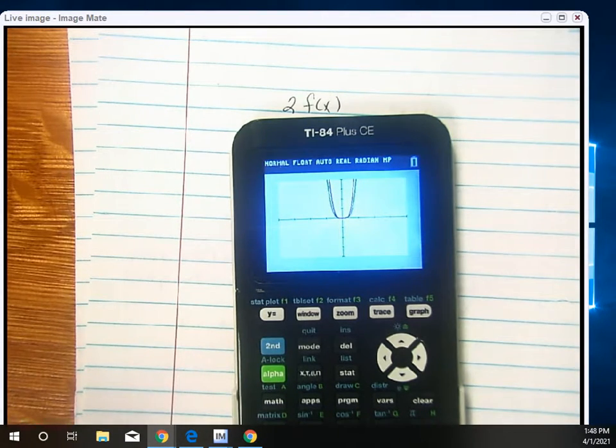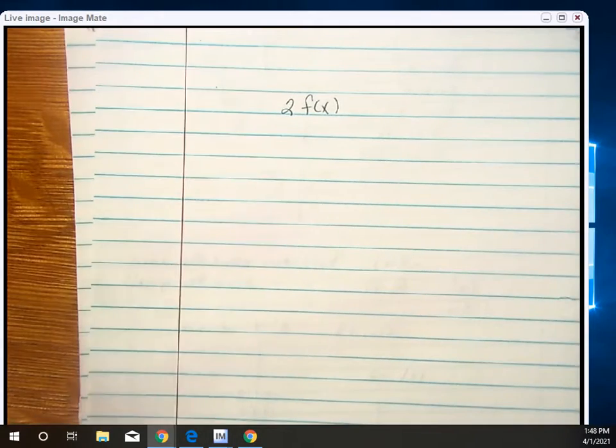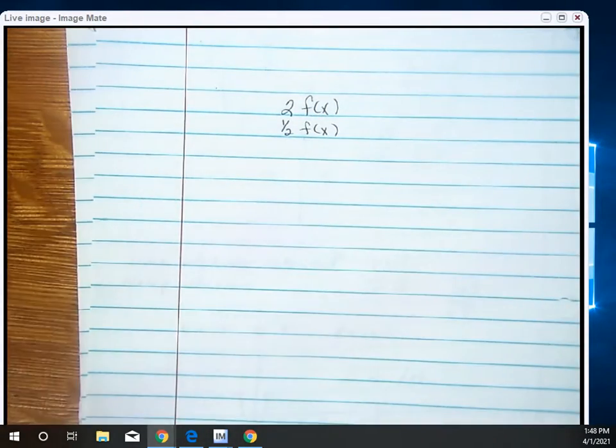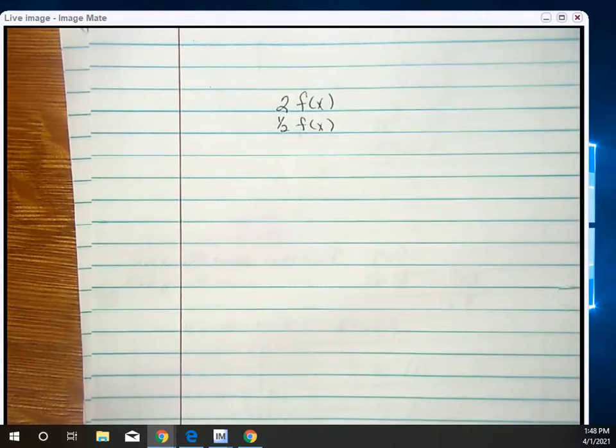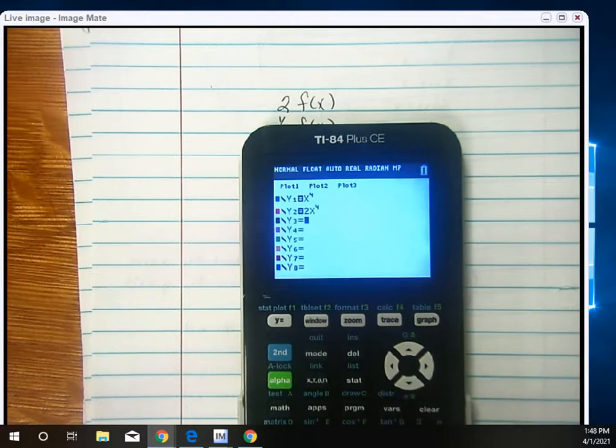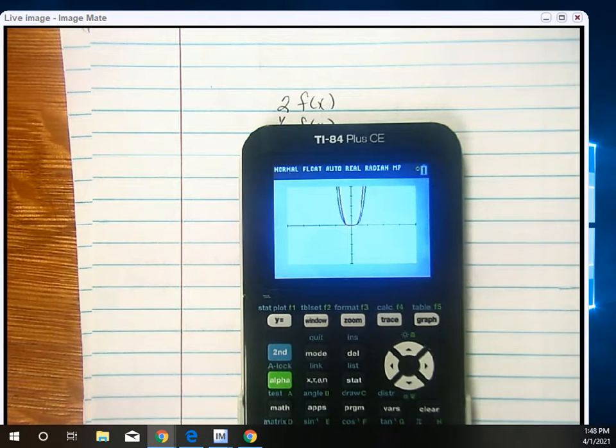It's stretched. So what happens then if the number is, say, a half? It'd be a little smaller. A lot smaller, apparently, by the way you're smiling. It depends on what the number is.